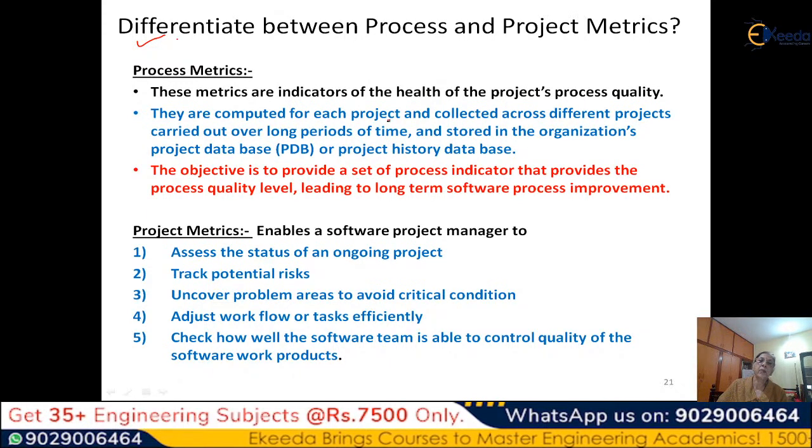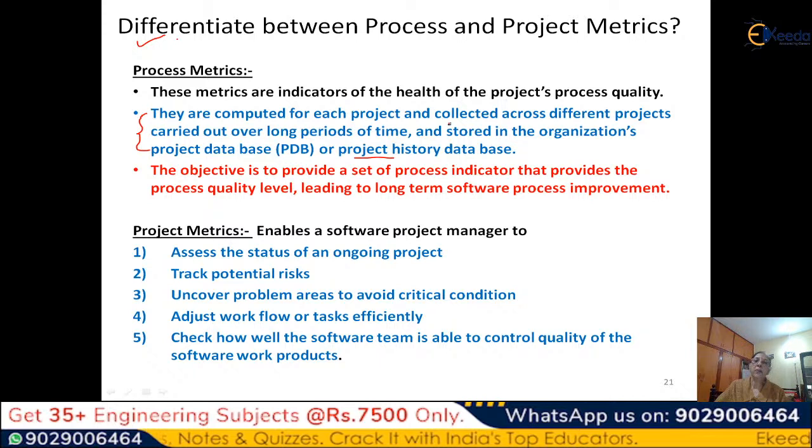Each project creates its process metrics and contributes them, stored in the organization's project database. So when we talk of past projects, this is the project database, the history database. All the project process metrics are kept there.